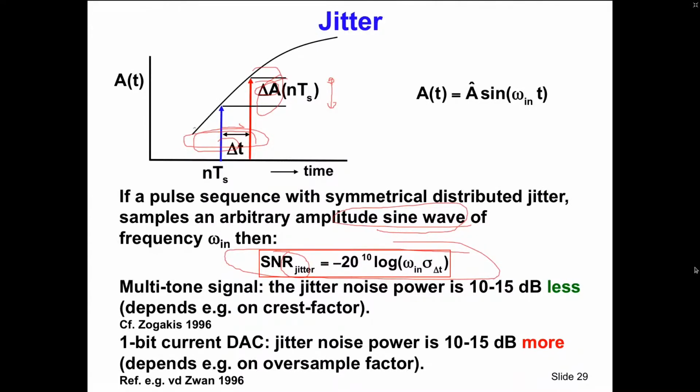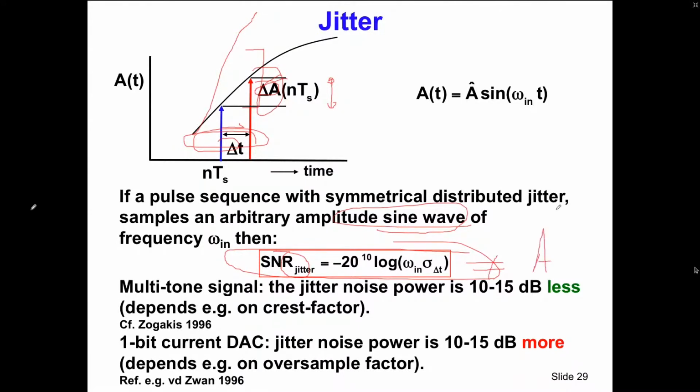And the point here is that if this amplitude is twice as large, then obviously the error will be twice as large as well. And that means that the signal to noise ratio is independent of the amplitude.